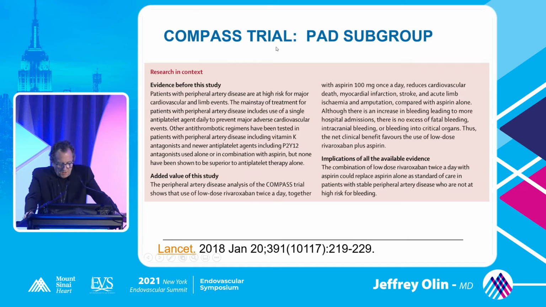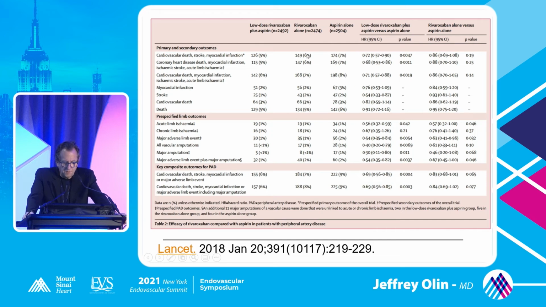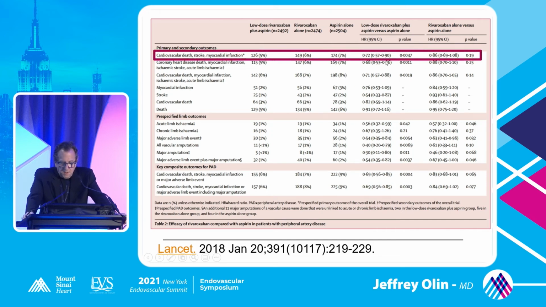So about a third of the patients had PAD in this study, and those patients also derived a major benefit from aspirin and rivaroxaban. And if you look again, the reduction in the composite primary endpoint was 28%, highly statistically significant.